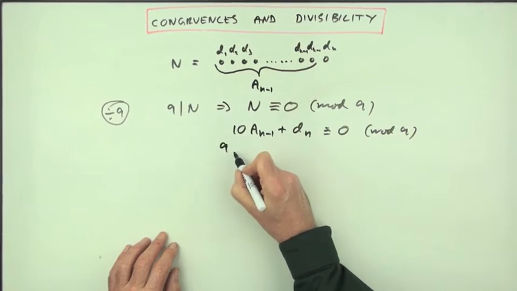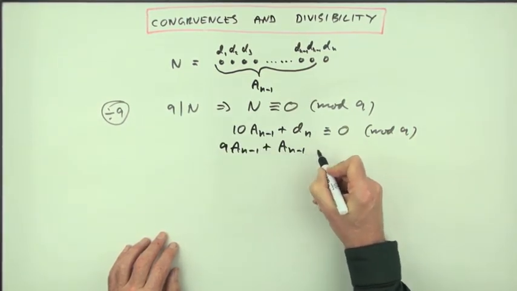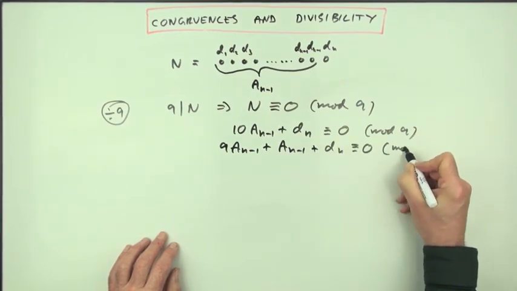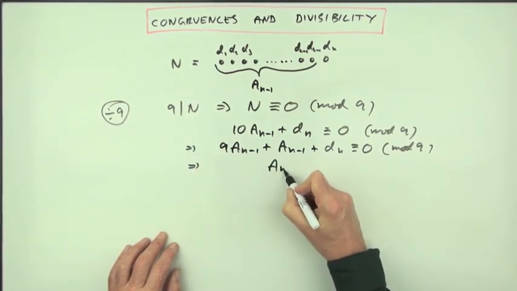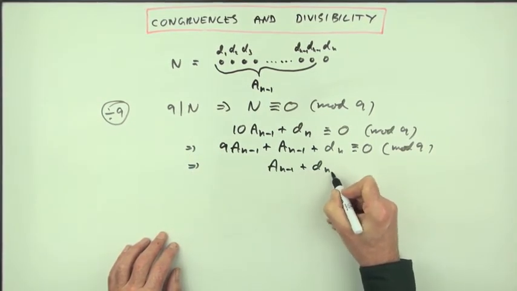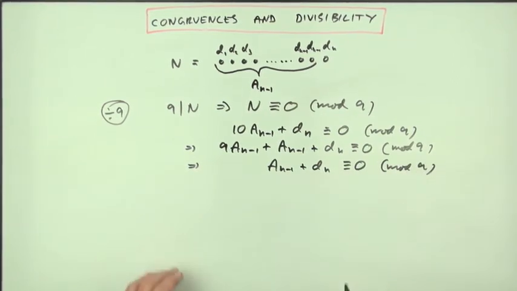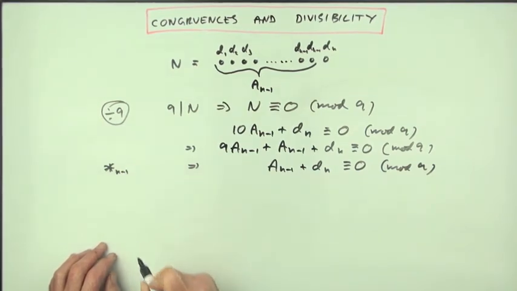Splitting that up. 9 a n minus 1 plus a n minus 1 plus dn is congruent to 0. Which means that I've got a n minus 1 plus dn is congruent to 0. Now I'll name this line. That's the line that's got n minus 1 in it.